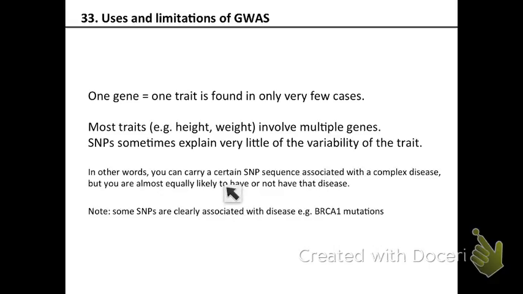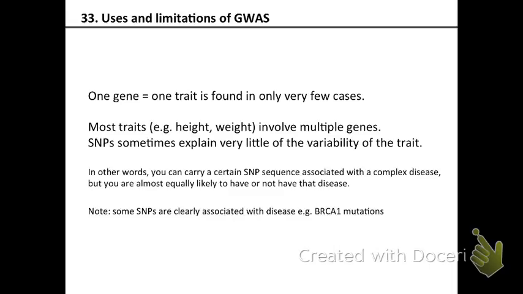But you having that SNP is not predictive. What that means is that whether or not you have that SNP, you will be almost equally likely to have that disease. So that SNP information, even though it is associated with the disease, is not predictive of whether you're going to have that disease, okay?